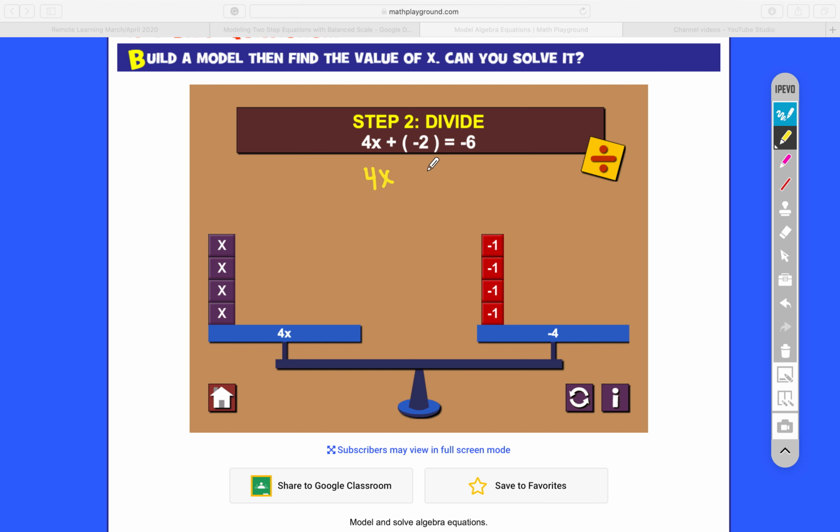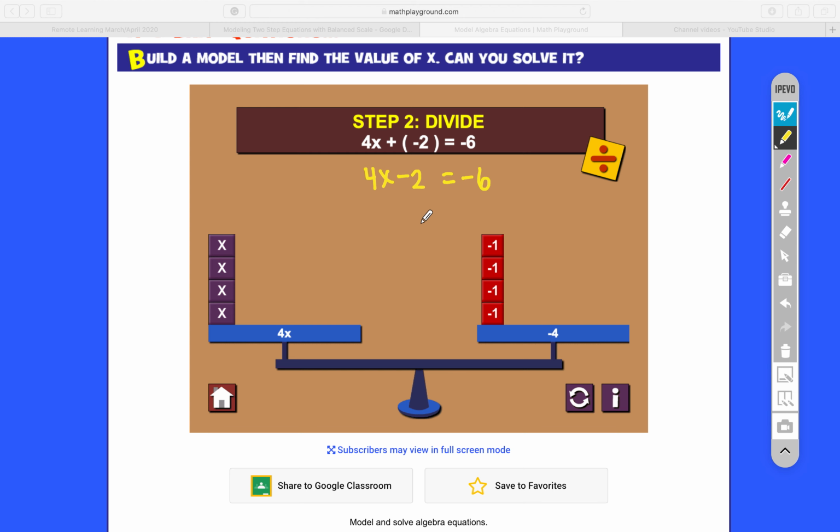Try to think if you can understand why I added 2 to both sides. Why didn't I subtract 2 from both sides? The reason why is because adding a negative number is the same as subtracting a number. Right? So 4x plus -2 is the same as 4x minus 2.